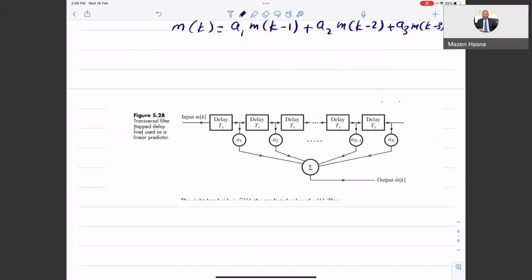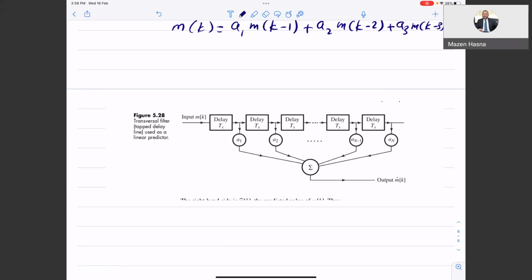Why is this one better than the difference? Because you are estimating the signal. You get closer to the signal, right? The previous sample is a very simple estimator. You can use the previous sample as an estimator of the signal. You can look at the previous sample as a special case of this.